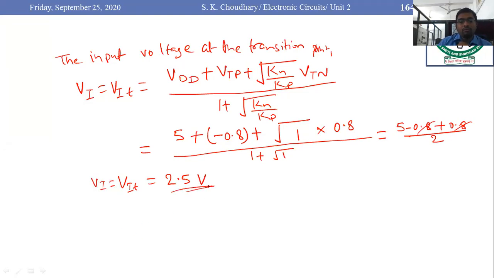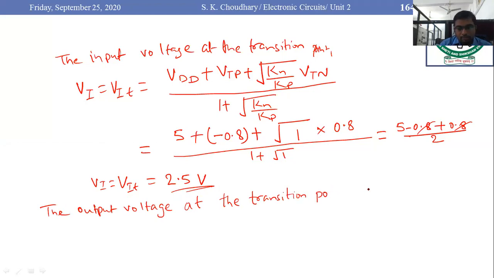Once you have got the value of input voltage, you can easily find out the output voltage. So the output voltage at the transition point for the PMOS is, what is the value?